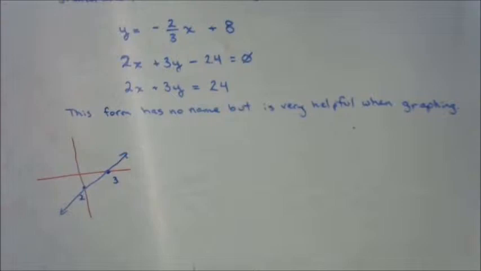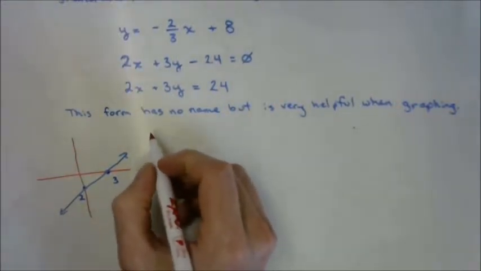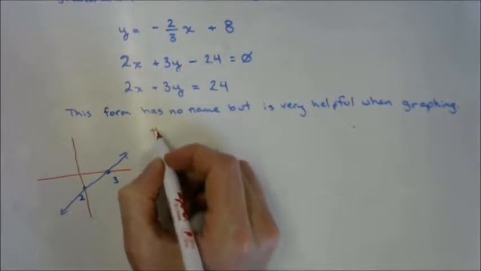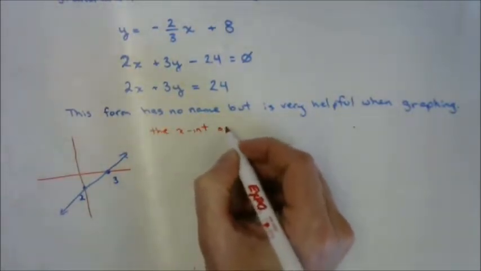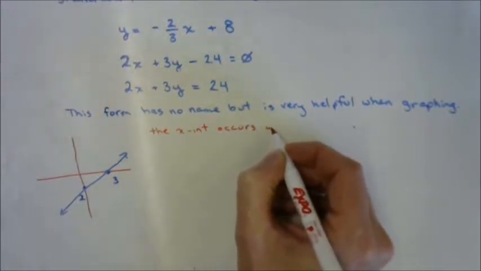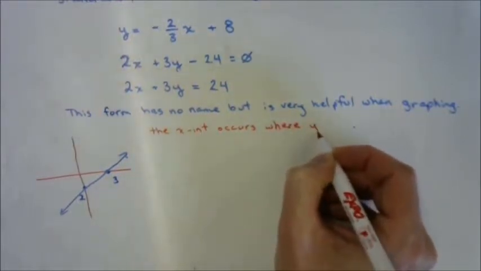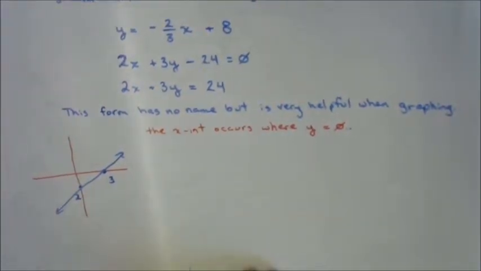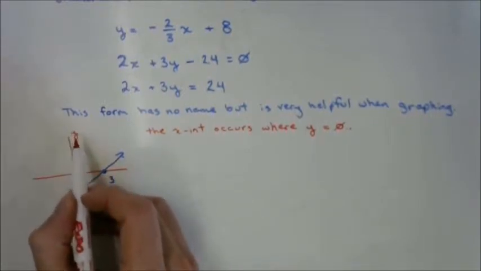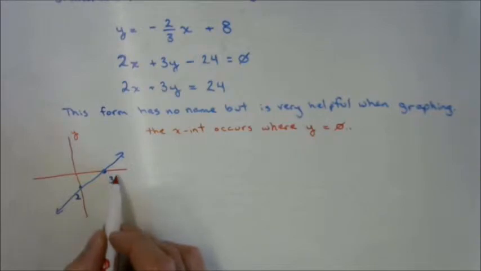Okay? So let's take a brief note on how do I determine the x and y intercepts. Listen to this. The x-intercept occurs where y equals 0. We'll make sense of that as we move along.